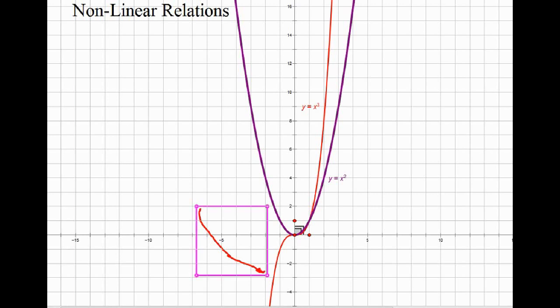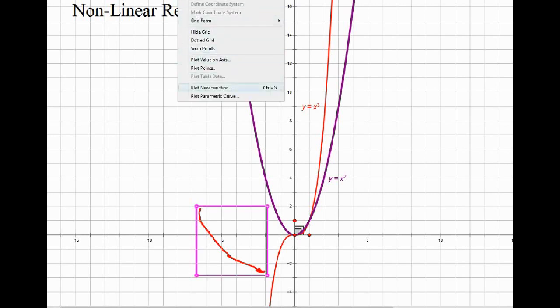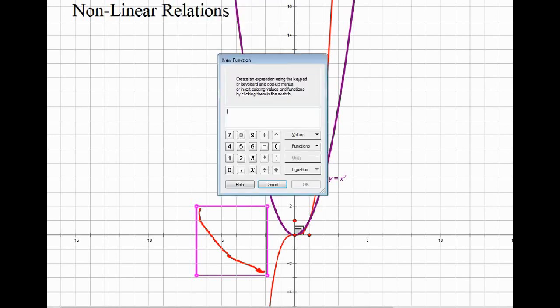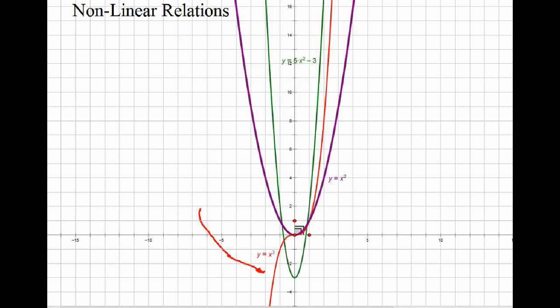So if we try a different one, this time I'll use the exponent 2 again, but I'll put a number in front of that variable. So instead of just x squared, it's 5x to the power of 2, and maybe I'll subtract 3 to see what that looks like. In the green, and we can see it looks similar to the first one.